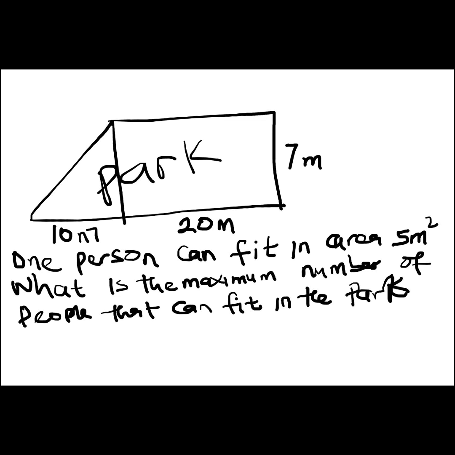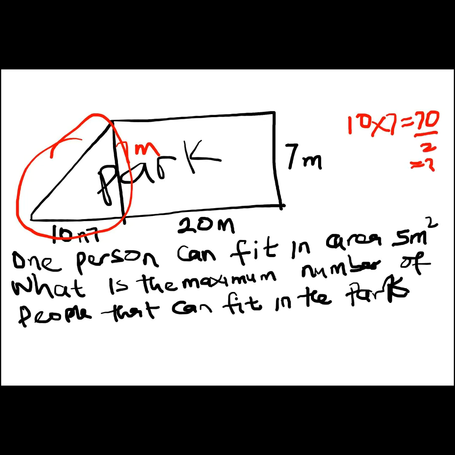So this is what Solomon did. Solomon calculated the area of the triangle first. This one is going to be 7 meters, so the triangle is going to be 10 times 7, equal to 70, divided by 2, that's 35. And he did the area of the rectangle too, 7 times 20, that's going to be equal to 140.